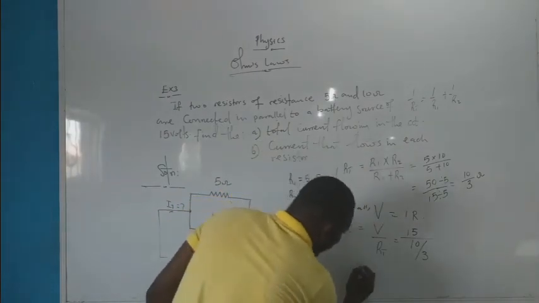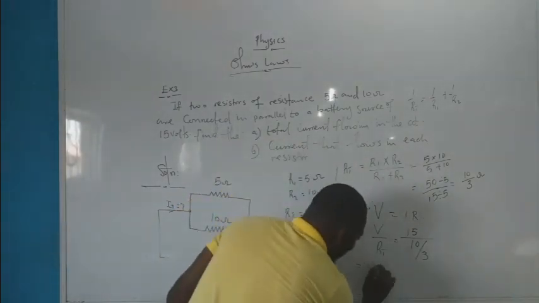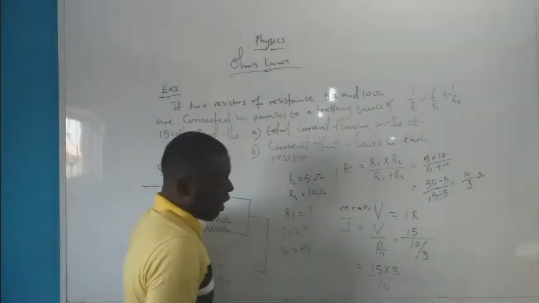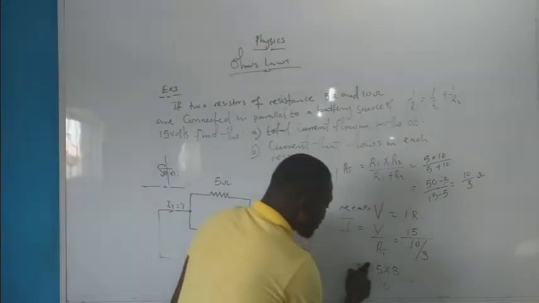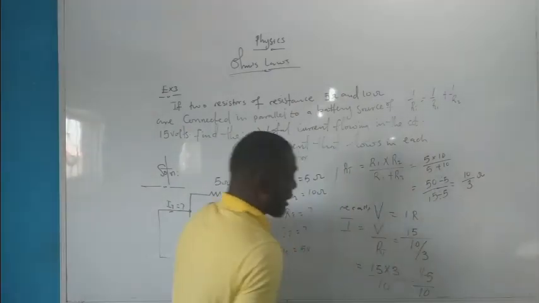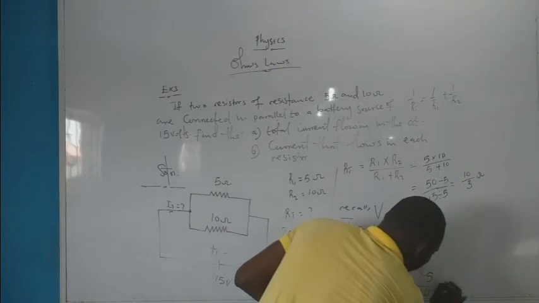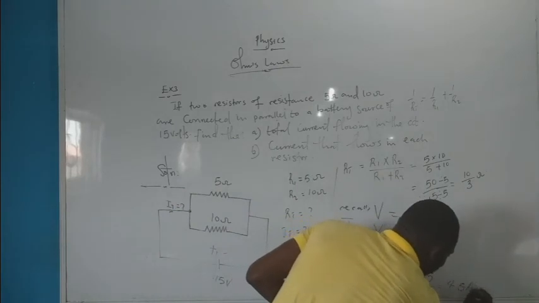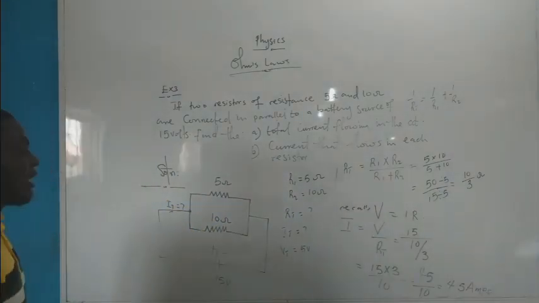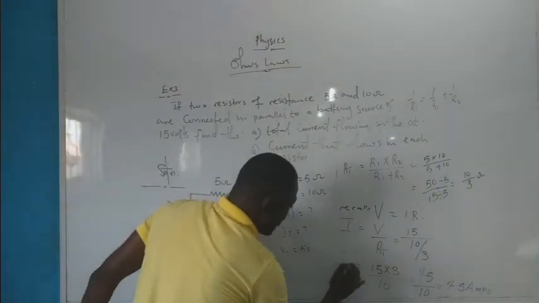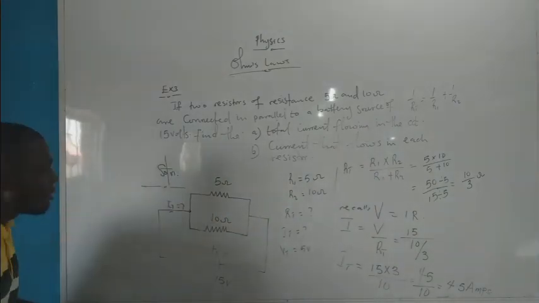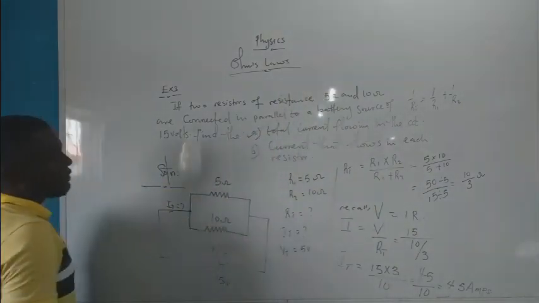That will give us 15 times 3, everything upon 10, which is 45 divided by 10. That will give us 4.5 amperes. That's 4.5 amps, the total current flowing through this circuit.